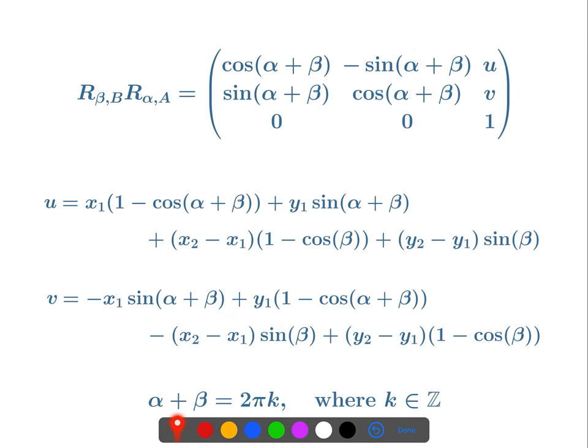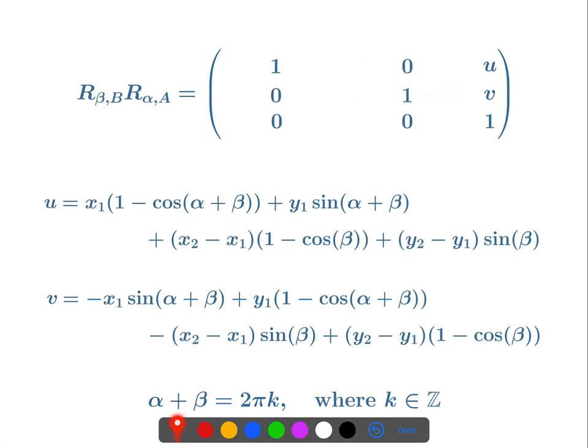Well, I don't even need to know what u and v are. If I plug in alpha plus beta is 2 pi times an integer, cosine is 1, so both these are 1, and sine is 0. So we're going to get 1 for the cosine and 0 for the sine.